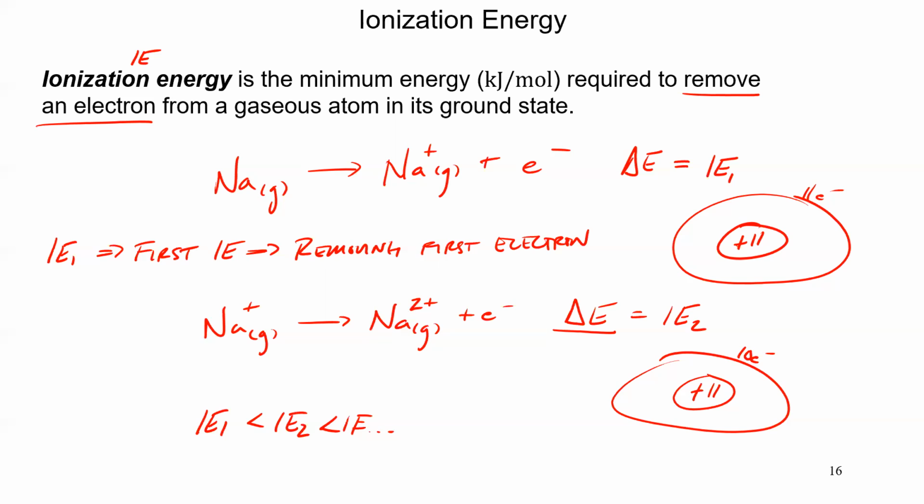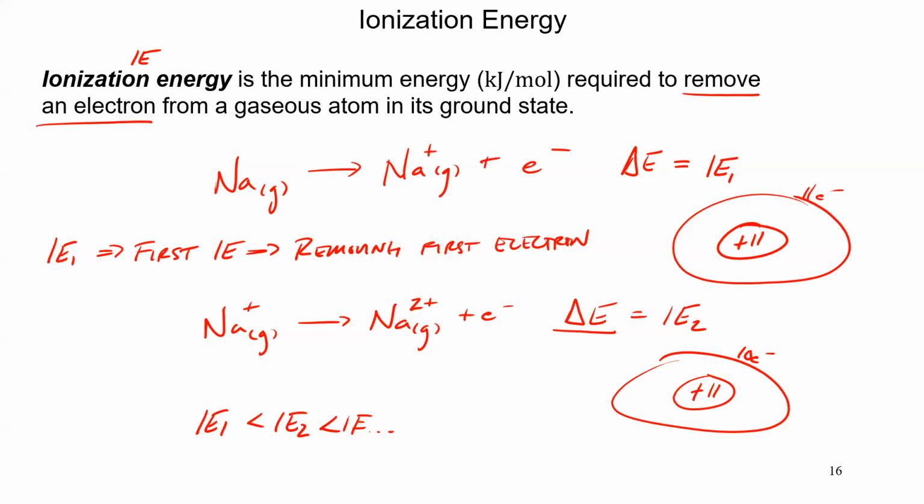There's a table in our textbook, and if we took a look at that table, we would see that for sodium, the first ionization energy is about 500 kilojoules per mole. But the second ionization energy is about 5,000 kilojoules per mole. So it's 10 times as much energy required to take off that second electron from sodium.